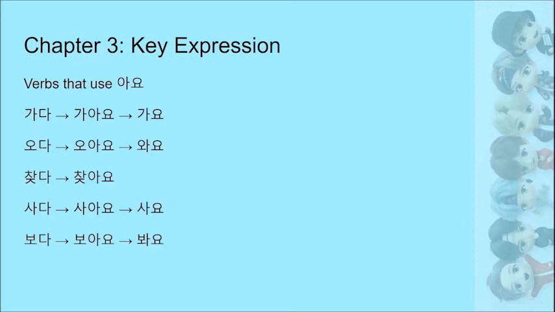Next we have 탔다, which is a lot easier because if you take off that ta, you're just left with tat, and it ends in a consonant, so you add ayo and you just get tajayo. So some people, when they're first starting Korean, might be tempted to say tat ayo, but that's not following pronunciation rules.